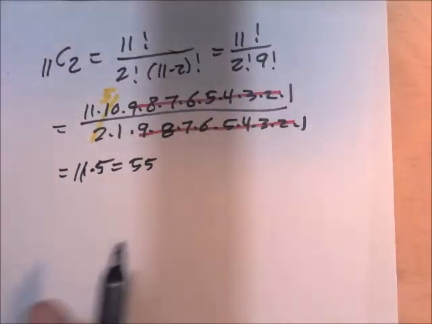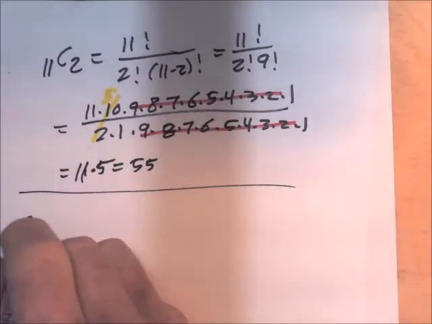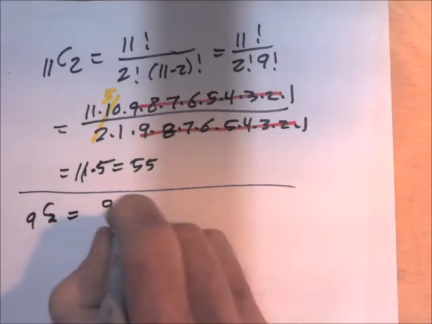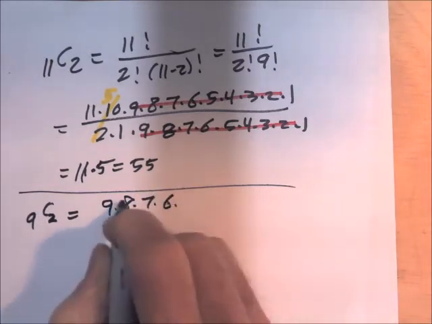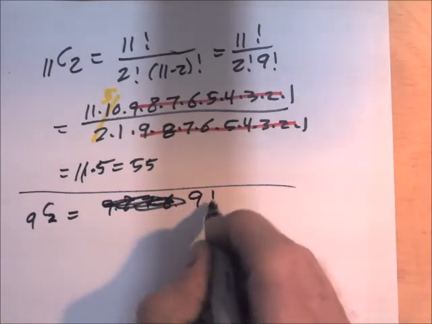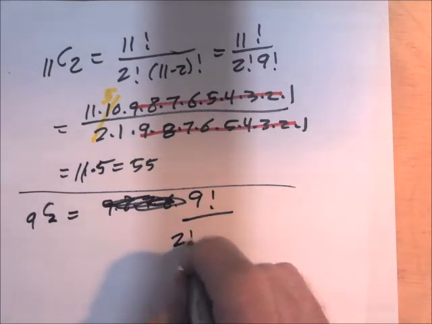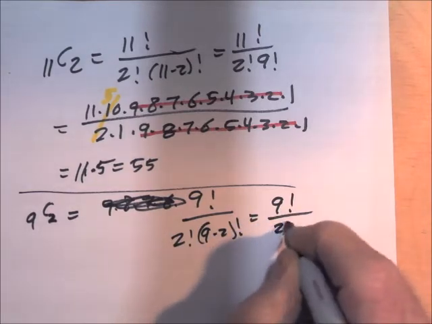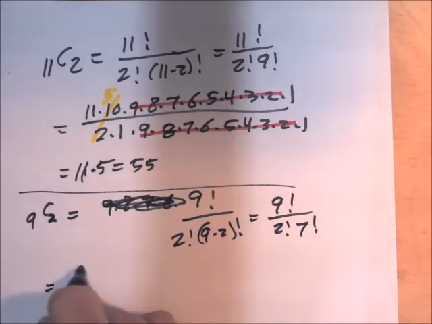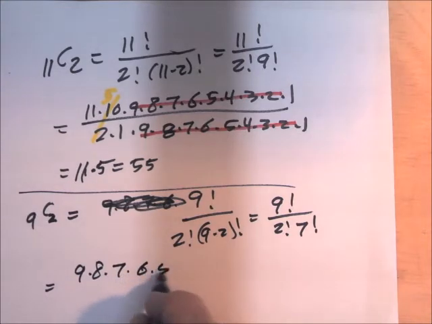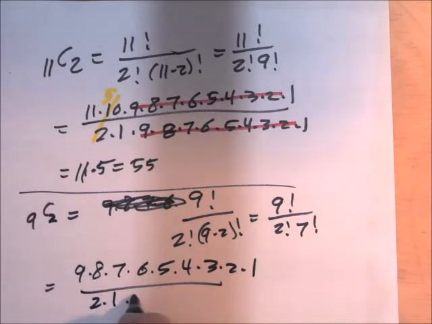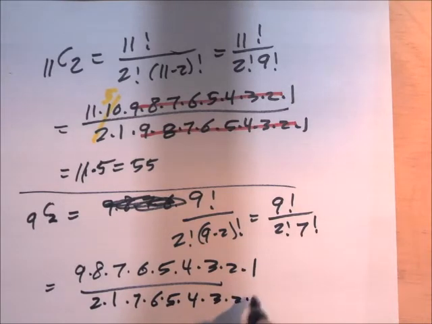Now 9 choose 2. That's 9 factorial over 2 factorial times 9 minus 2 factorial, which is 9 factorial over 2 factorial times 7 factorial. 9 times 8 times 7 times 6 times 5 times 4 times 3 times 2 times 1 over 2 times 1 times 7 times 6 times 5 times 4 times 3 times 2 times 1.